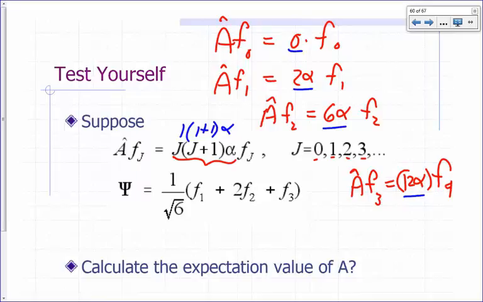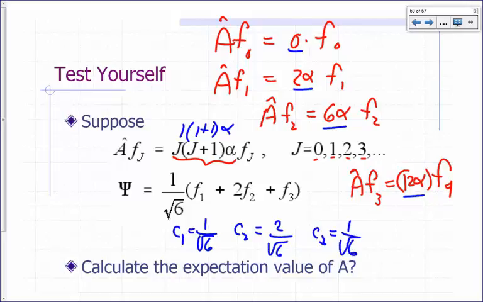So let's say psi happens to be 1 over square root of 6 f1 plus 2 f2 plus f3. What is our C1 here? 1 over square root of 6. What is our C2? 2 over square root of 6. What is our C3? 1 over square root of 6. Now, is psi normalized?